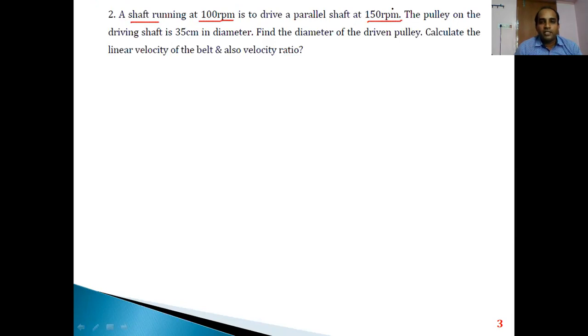What it means, the shaft running at 150 rpm becomes the driven shaft, and the 100 rpm shaft becomes the driver shaft. Now the pulley on the driving shaft, how much is it in diameter? It is 35 centimeter in diameter. The diameter of the driving shaft pulley is 35 centimeter.